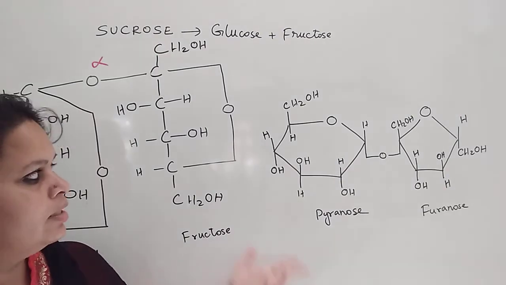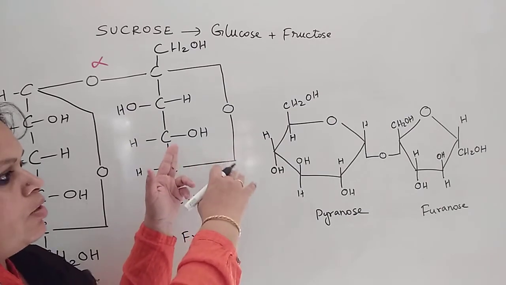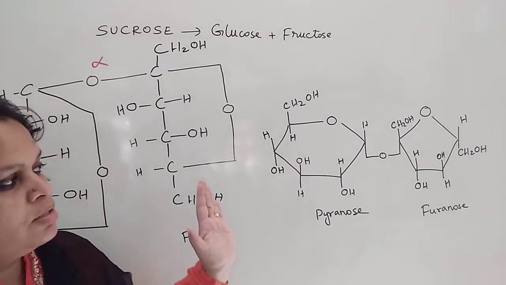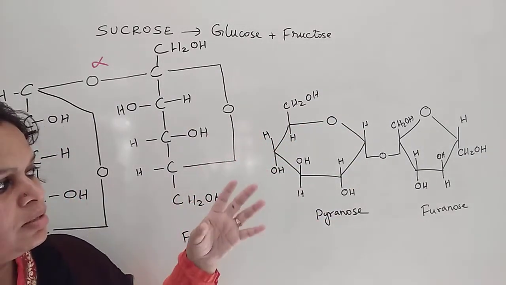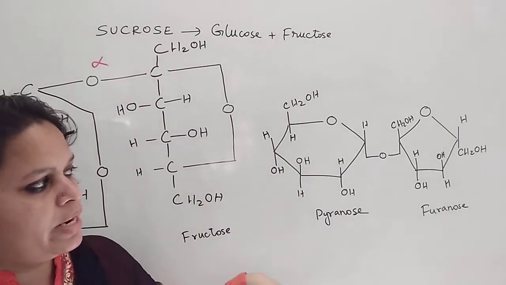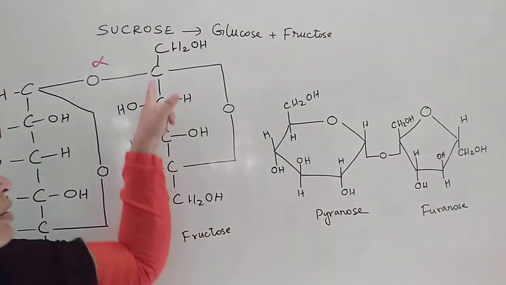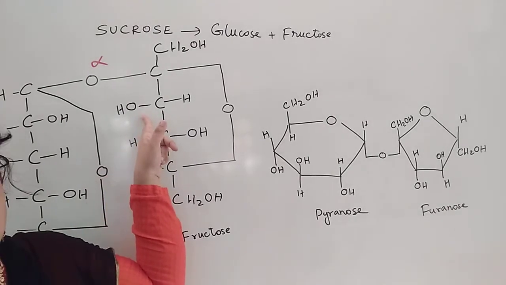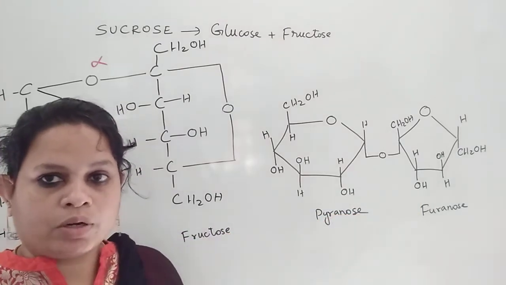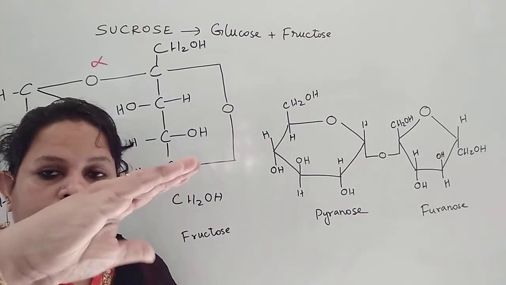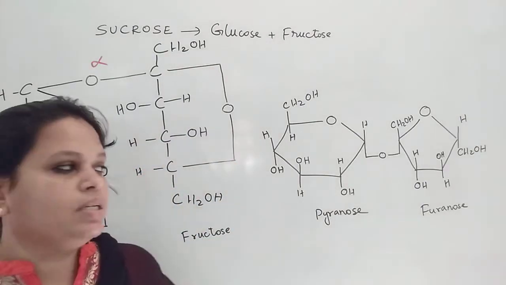Actually this will be in the flipped manner. While you are drawing, it has to be in the flipped manner. So once it is flipped, the numbering should have been from there to here, but we represent it in this way. Only in this case you have to be careful: the third carbon atom OH was on the left, but here it has to be written at the bottom, because it is flipping.